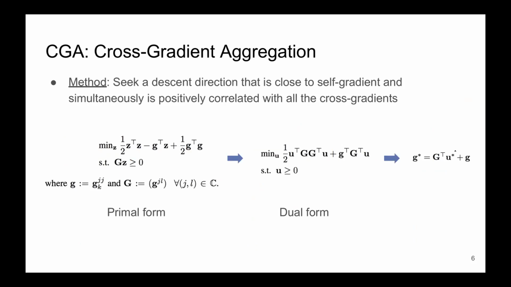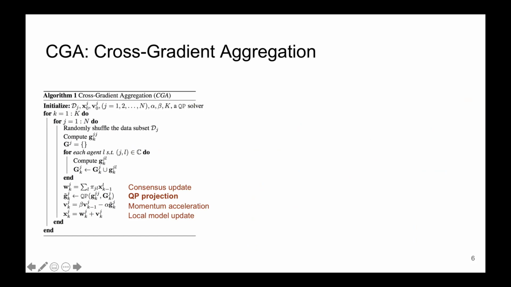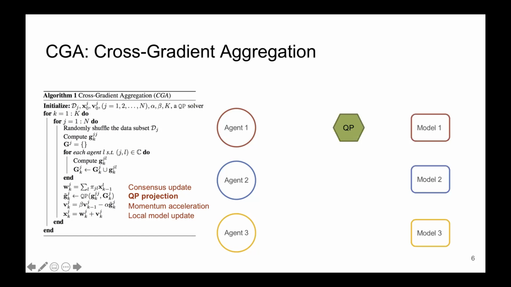Okay, let me go through the algorithm here. This algorithm works like this. Each agent j will calculate its own gradient in each iteration.